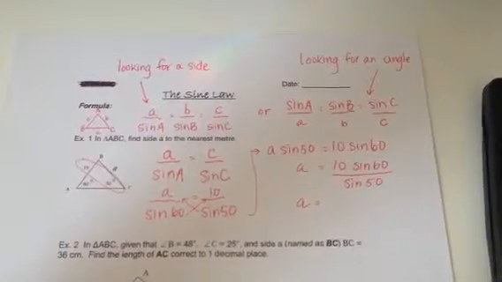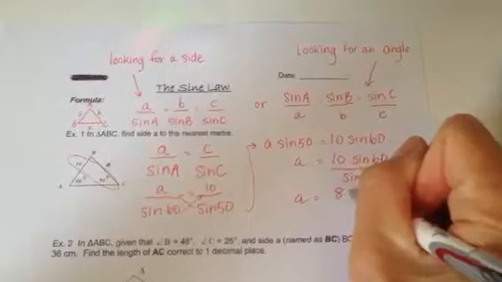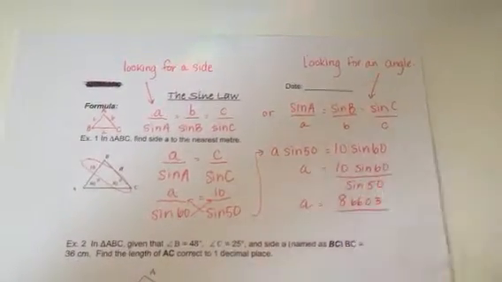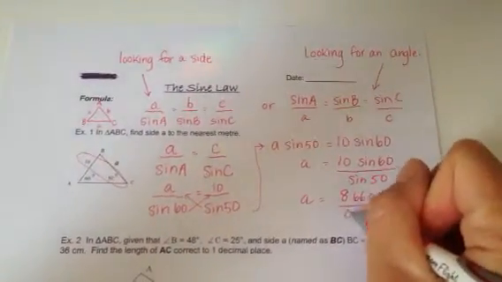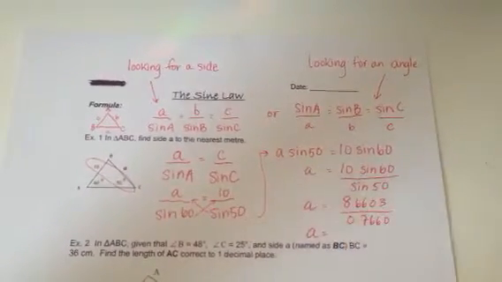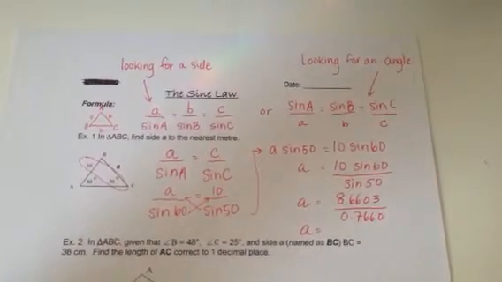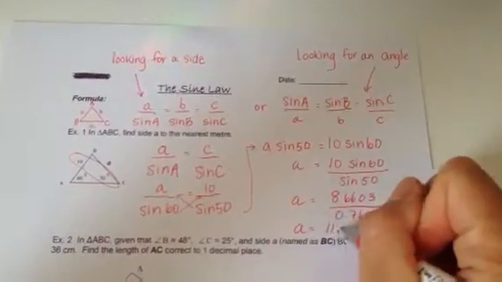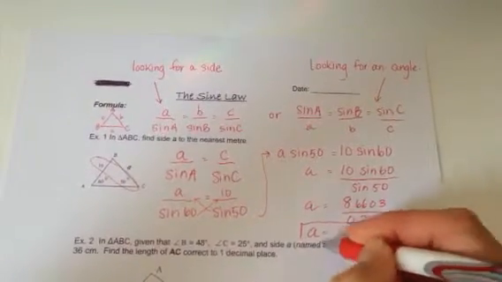So 10 times sine 60 is equal to 8.6603, divided by sine 50, which is 0.7660. So 8.6603 divided by 0.7660 is equal to 11.3. And that is your side A.